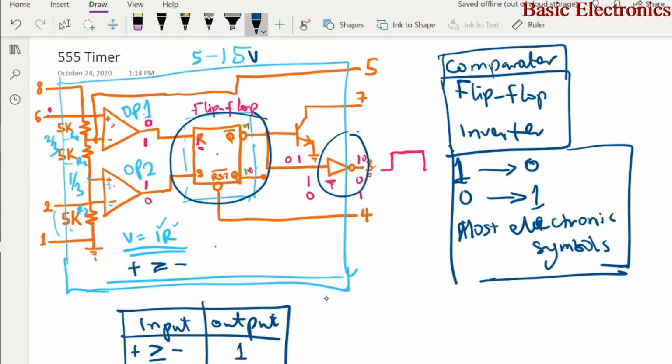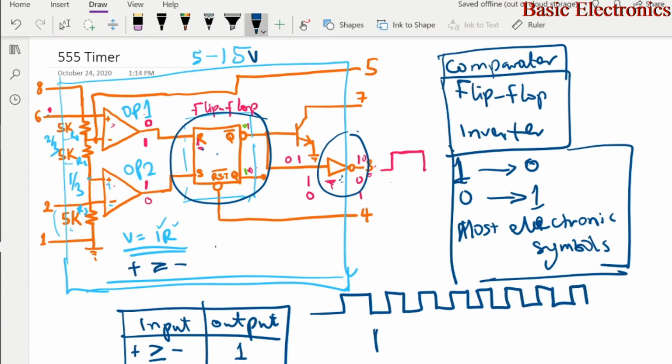When the not Q is 1, the inverter flips that over to 0, so the output will now turn off. So that's how you're going to get the continuous duty cycle on and off, and this is determined by the value of R and C. So the frequency is a function of R and C. Okay, and that's the way the cycle continues.